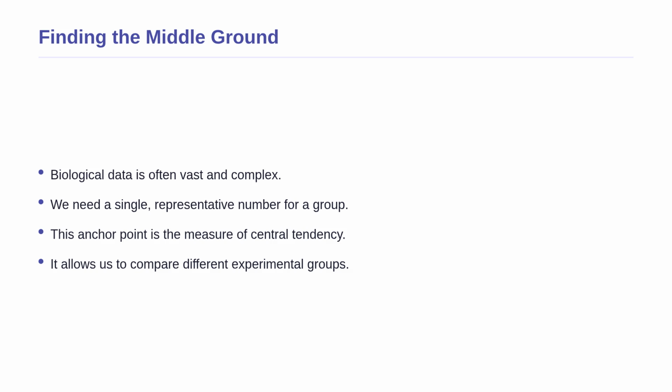You need a single representative number that captures the center, or the typical value, of your entire group. This middle ground acts as a reliable anchor point. Without it, comparing different biological groups would be practically impossible. Choosing the right measure ensures our scientific conclusions are valid.